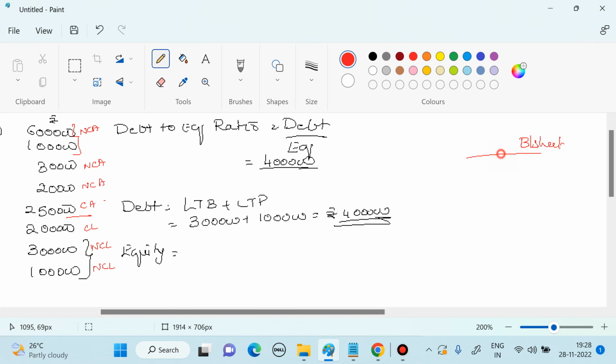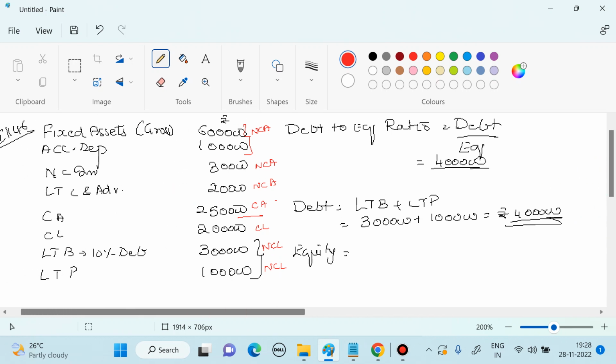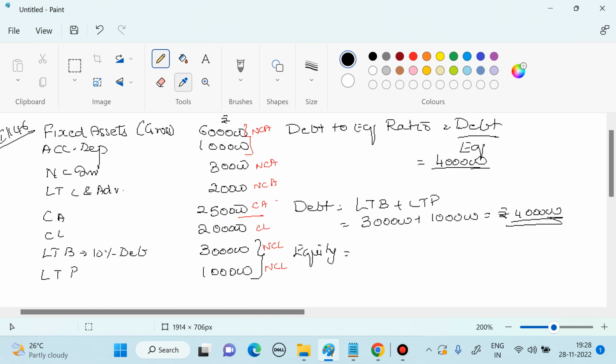In a balance sheet, we have non-current asset, current asset, total asset. That is equal to total liability. In that we have equity, the shareholders fund, non-current liability, current liability. So from this, if we remove these two, what is left? The amount that we require now, equity. Correct. Got it?